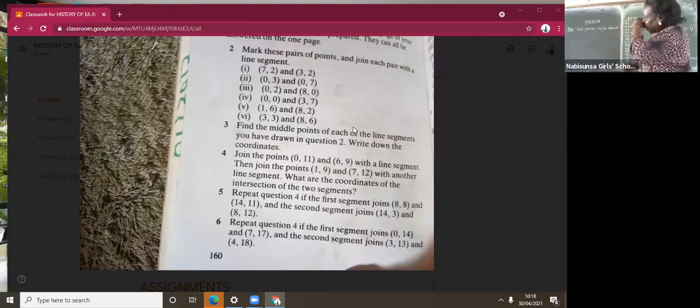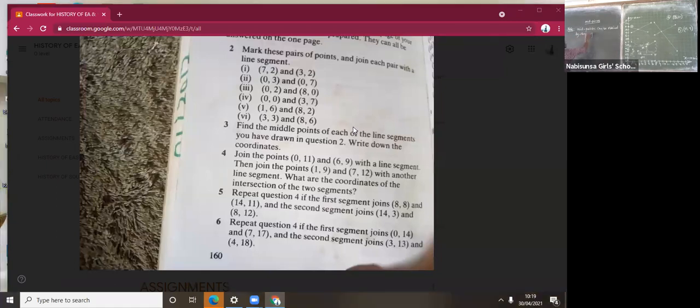Now, take note: click on the chalkboard and you get the notes. Midpoints can be obtained by drawing or by calculation. How?